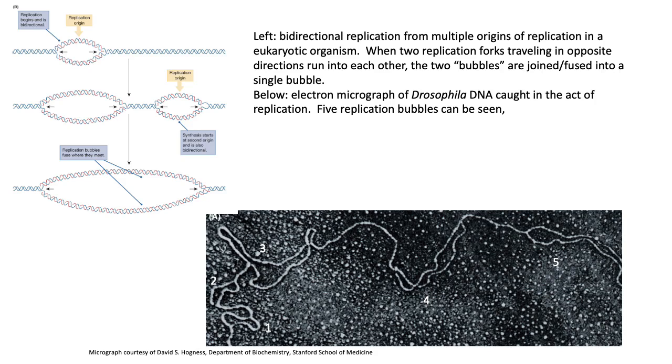And what happens when all of them merge? Well, you're going to have one giant region of 2 double helices that are just sort of connected at the ends at replication forks moving outwards. And when those replication forks hit the ends of this linear chromosome, well, then you're just going to have 2 double helices. And you will have completely duplicated your DNA.